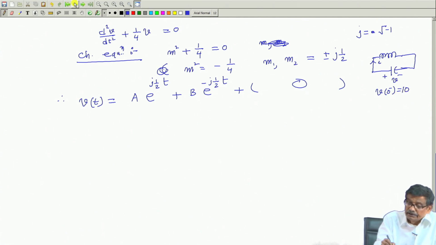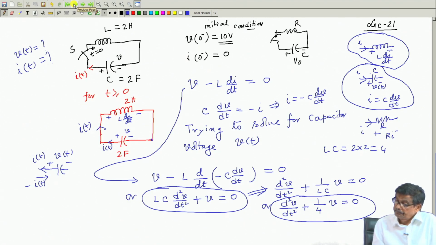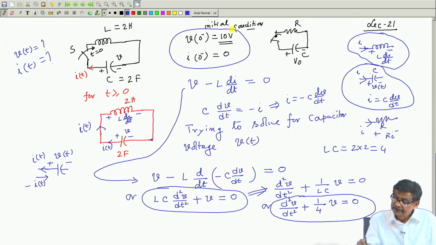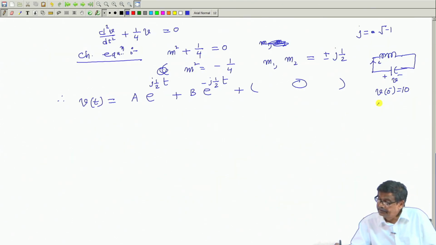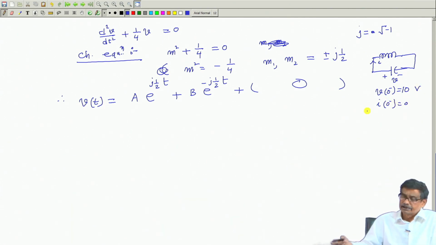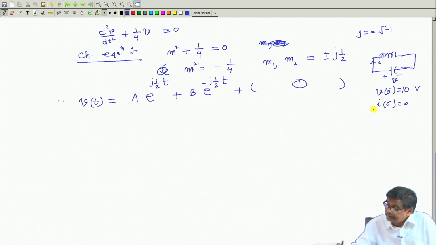In the previous slide, most probably I told 10 volt. And I(0-) is 0. Do not forget to write down the units, 10 volt and 0 ampere. This was the situation.